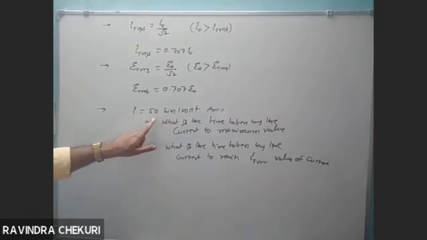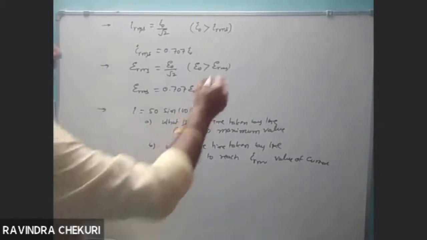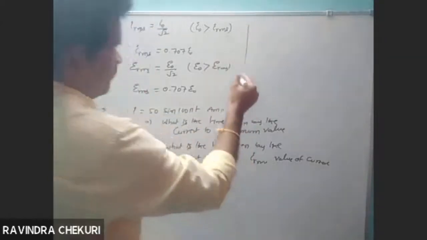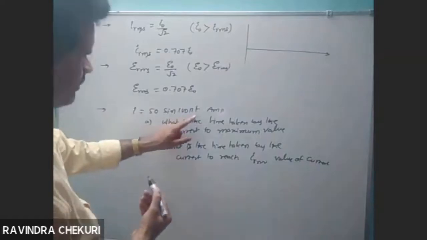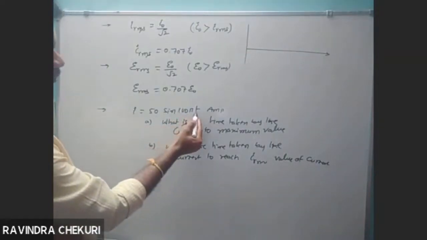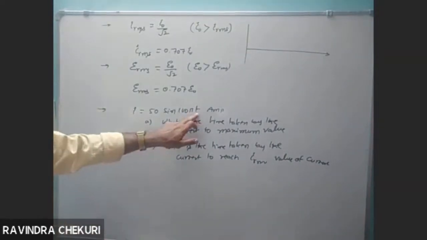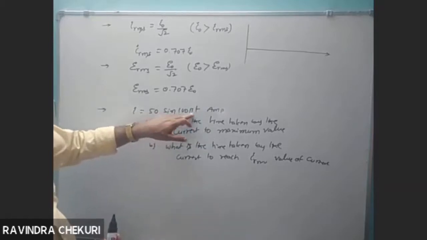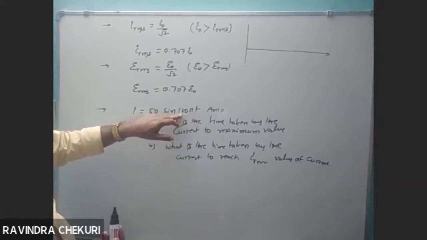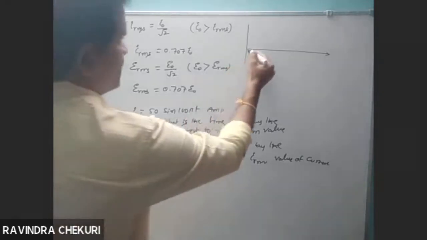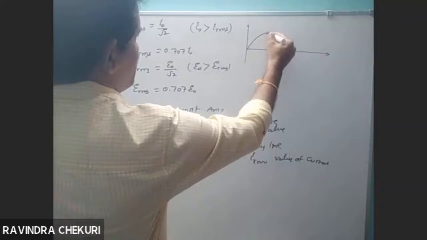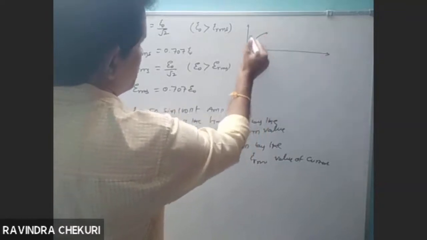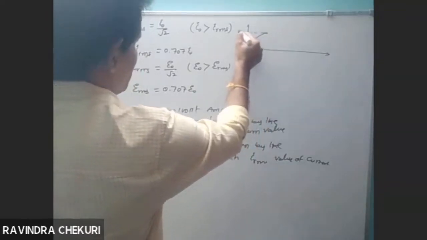Okay, first question. What is the time taken by the current to reach maximum value? In that equation, we substitute t equal to 0. This angle is 0, sin 0 is 0, so current is 0. This is sinusoidal form. Maximum value is here.